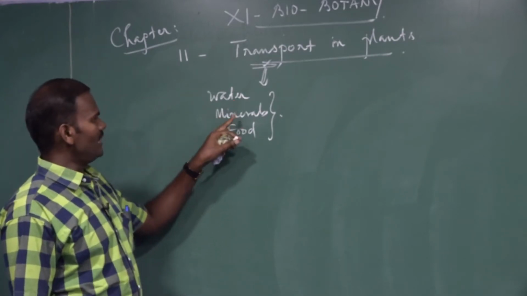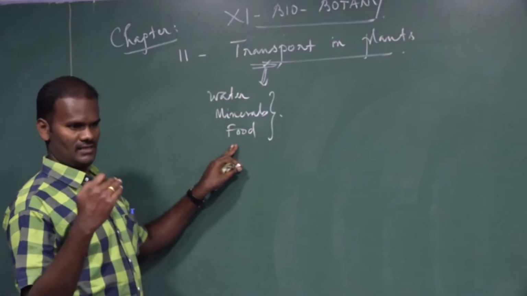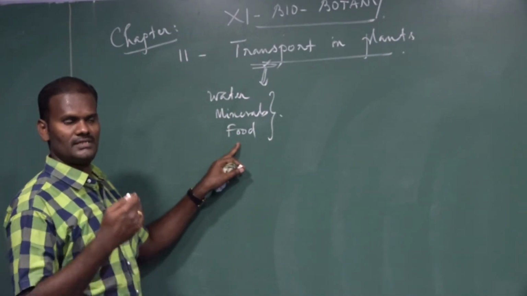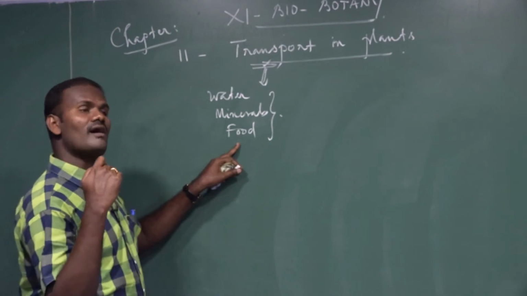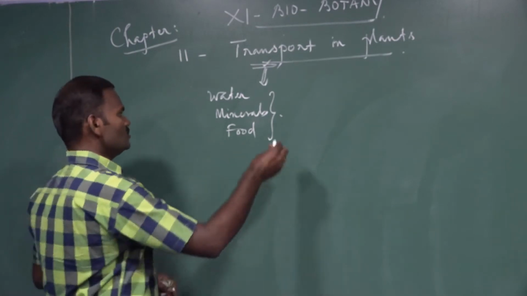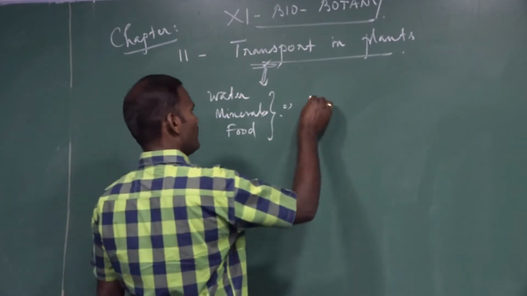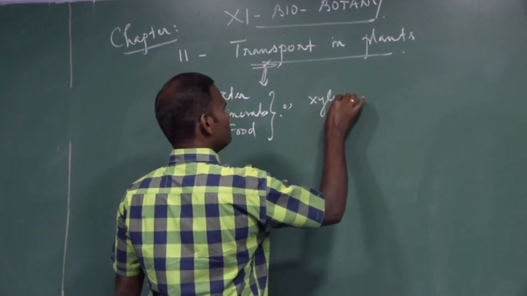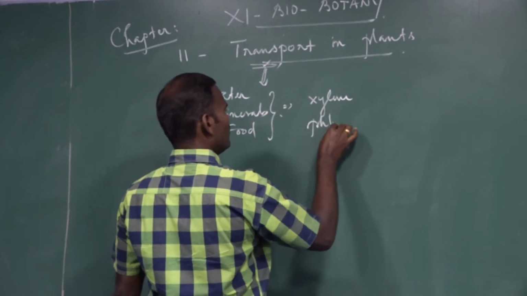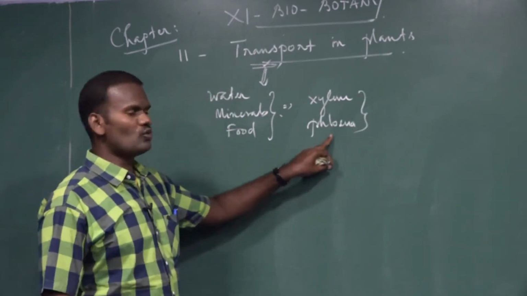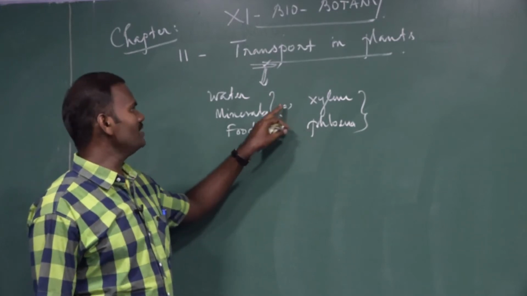Transport is necessary to carry food materials, water molecules or food substances from one region to all parts of the plant body. Xylem and phloem play an important role in this process.